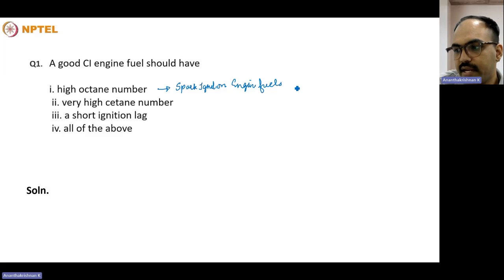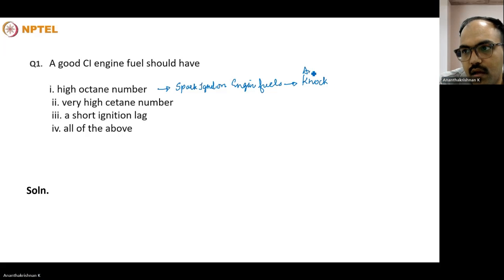A knock is a pre-ignition: before the spark reaches the farther corners, the fuel will start to self-ignite. That is called knocking, and that is not preferable in SI engines, as it will result in random combustion at the farthermost corners. So if the octane number is high, the anti-knocking property is high in SI engines. That will prevent self-ignition.